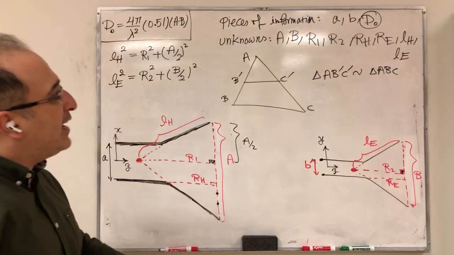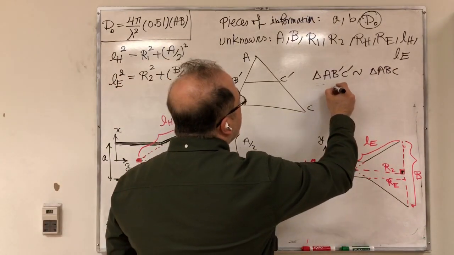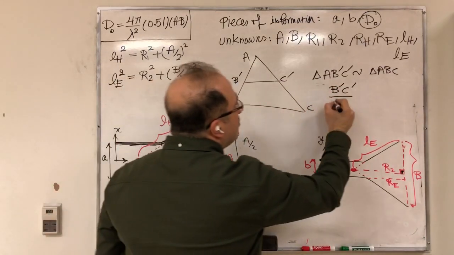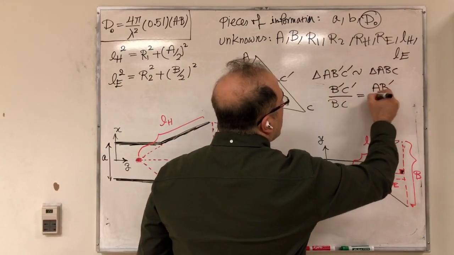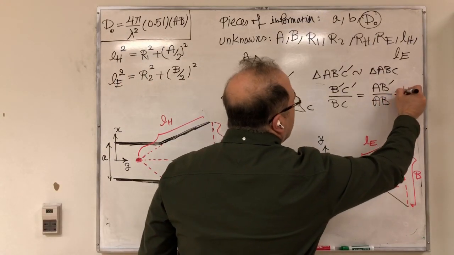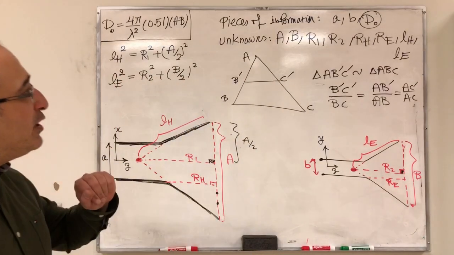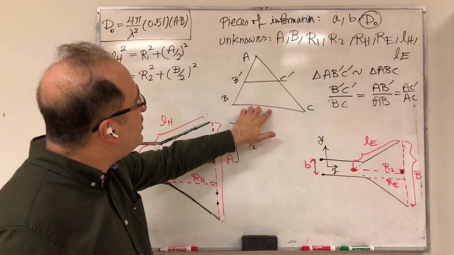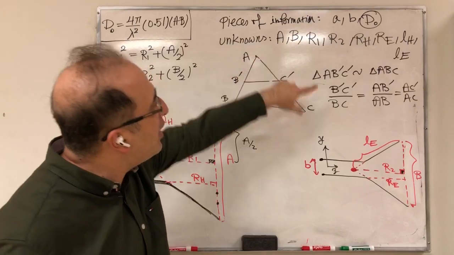As a result, I can write that B prime C prime divided by BC is equal to AB prime divided by AB and AC prime divided by AC. That's the result of similarity between the two triangles.